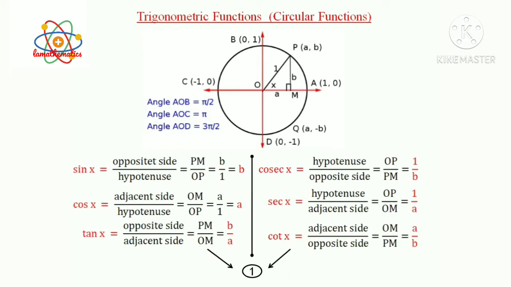That is, sin x equal to b, cos x equal to a, tan x equal to b by a, cosec x equal to 1 by b, sec x equal to 1 by a, cot x equal to a by b. Equation number 1. Using equation 1, we have cos x equal to a, sin x equal to b.